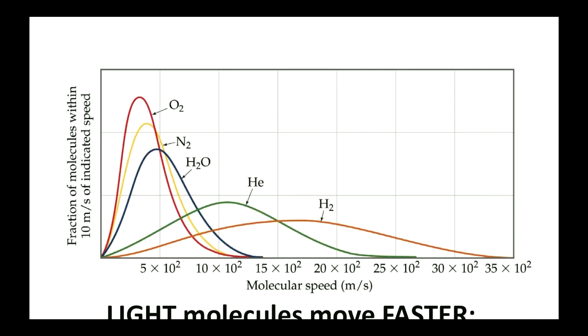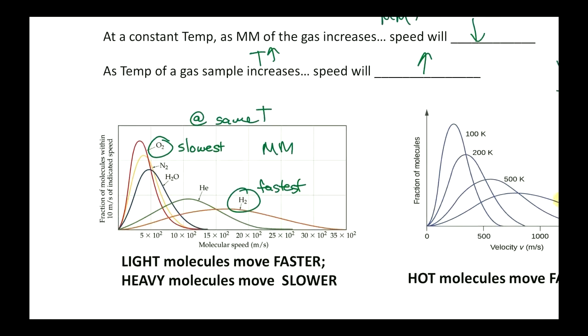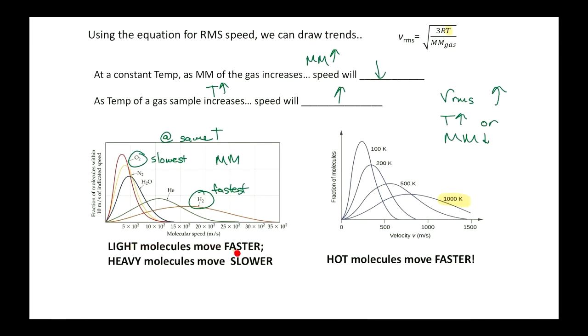So in this picture, these are all at the same temperature. So hydrogen is the fastest, while oxygen is the slowest, and all we're doing is comparing molar masses of these things. So the generalization is that lighter molecules move faster while heavy molecules move slower at the same temperature.